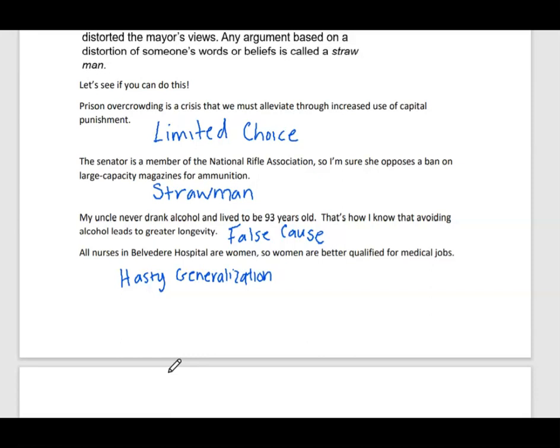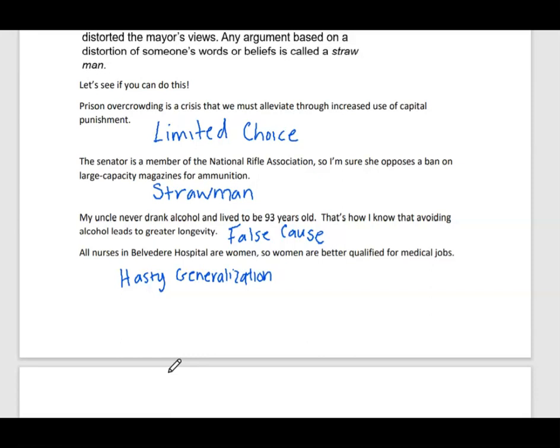The senator is a member of the National Rifle Association, so I'm sure she opposes a ban on large capacity magazines for ammunition. Well, just because she's a member of the National Rifle Association doesn't mean that you can make every statement about guns and say that you know what she thinks on those things. They're kind of drawing a mistruth because they don't know that for sure. My uncle never drank alcohol and lived to be 93 years old.